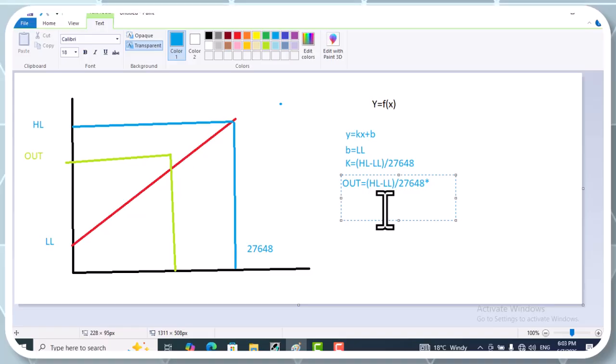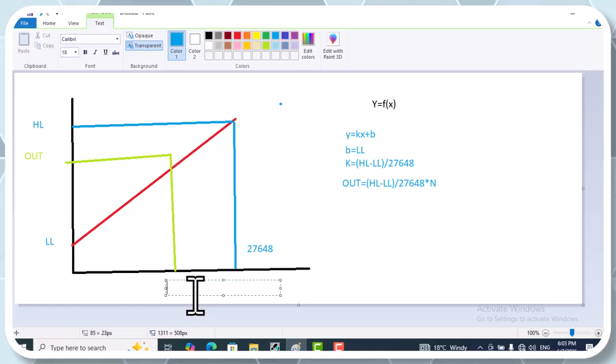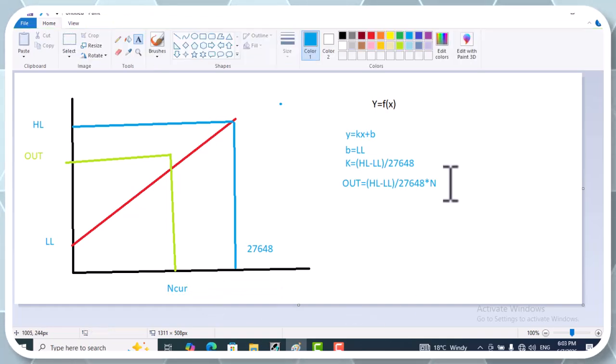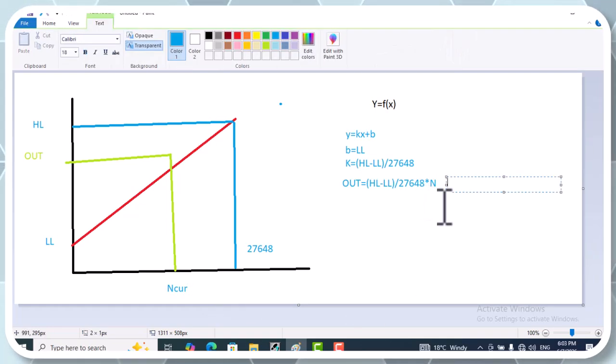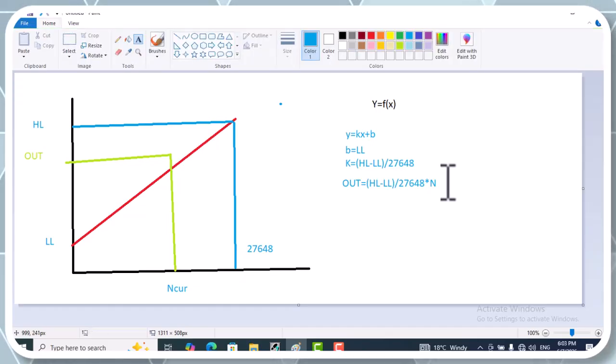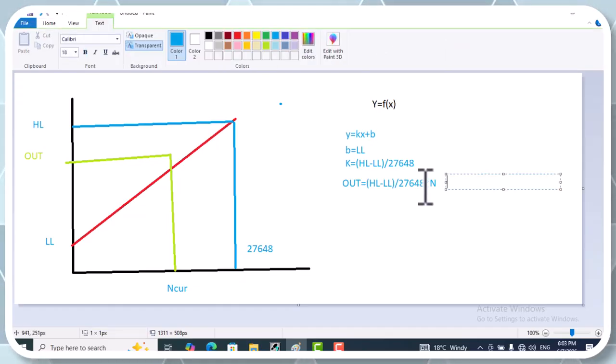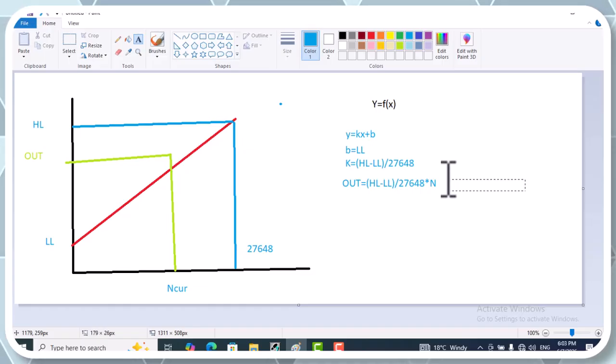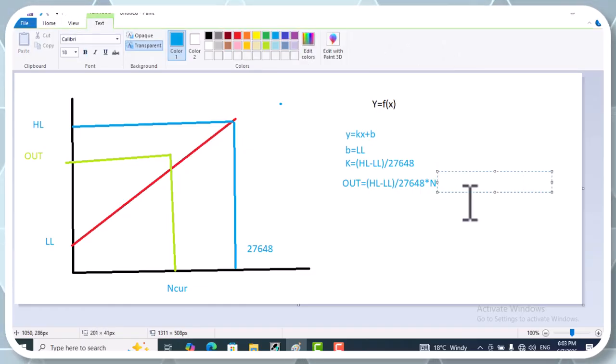multiplied by N. This one is N, let me write it, N current, and plus LL.